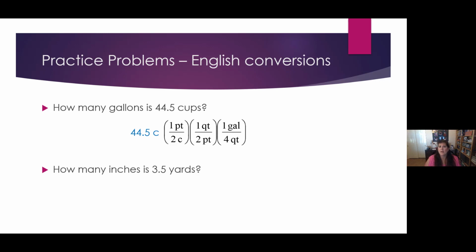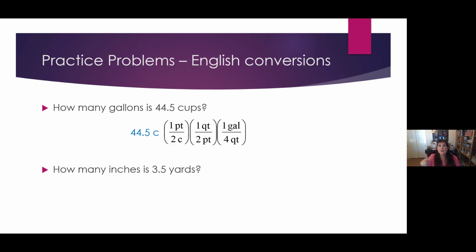What are we focusing on here? Sig figs or decimal places? We're multiplying and dividing. Sig figs. I hope you said sig figs. How many sig figs should I have in my answer? I hope you said 3. 44.5 cups has 3 sig figs.